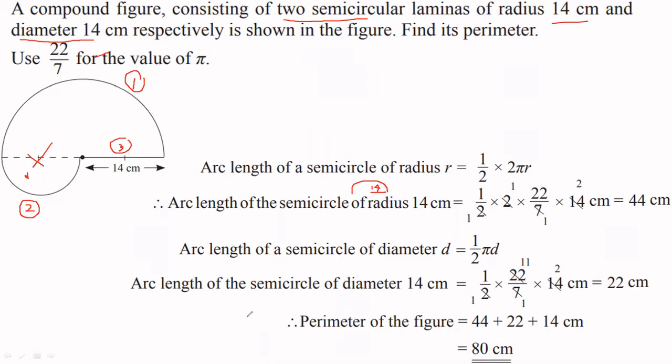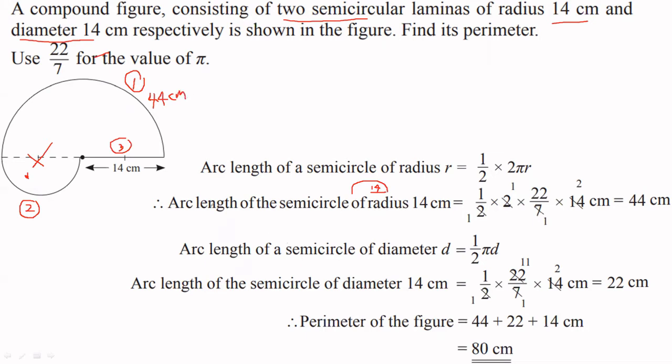So now you know the value of the first part, that is 44 centimeters. This first line is 44 centimeters. That arc length is 44 centimeters.